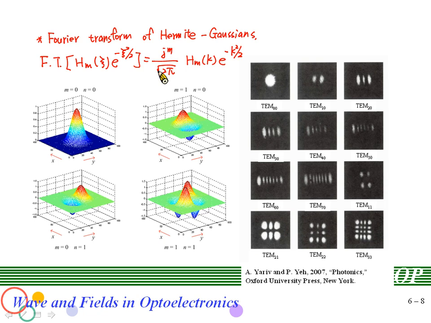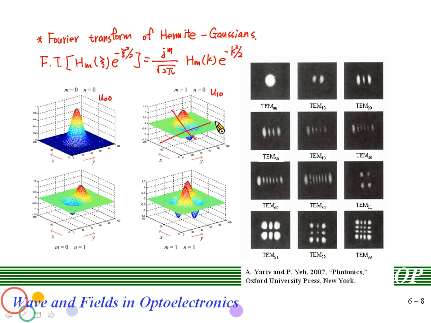Okay? If you want to plot the field distribution of the Hermite-Gaussian, I will show you some figures. This one corresponds to U00. So along x and along y, you will have one peak. And this one corresponds to the U10 function. Along x, you will have 2 peaks.